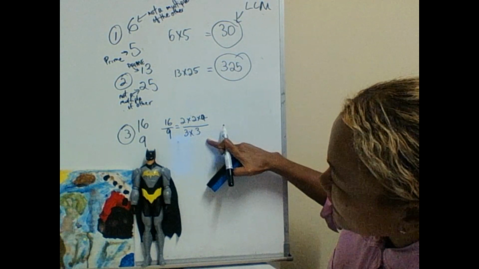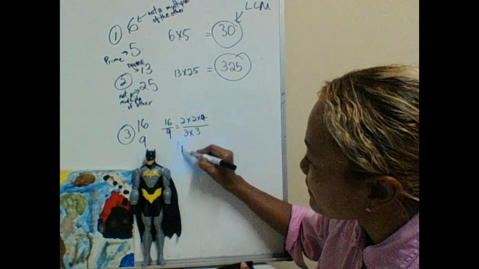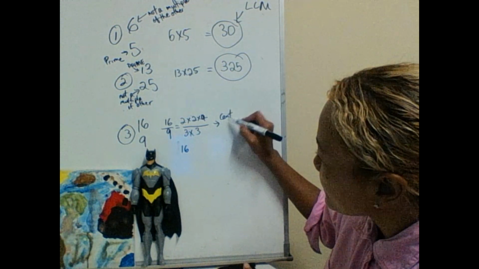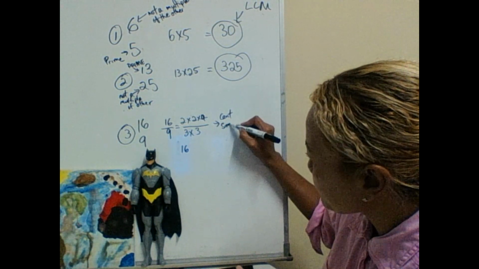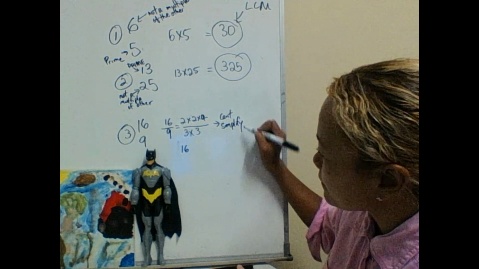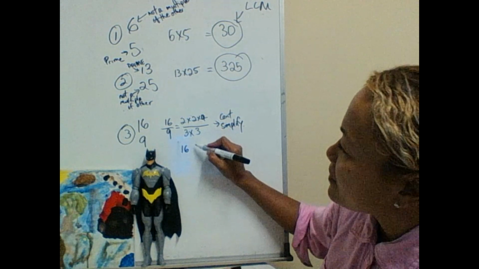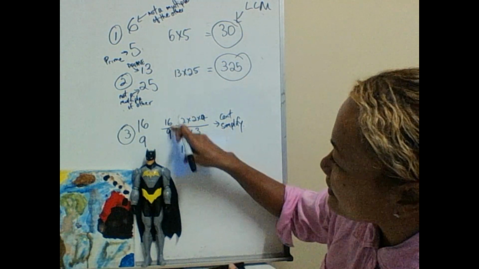So we've investigated, no go. Next step is just 16. So here you can't simplify. You can't cancel out anything on the bottom with anything on the top. So you just do 16 times 9.